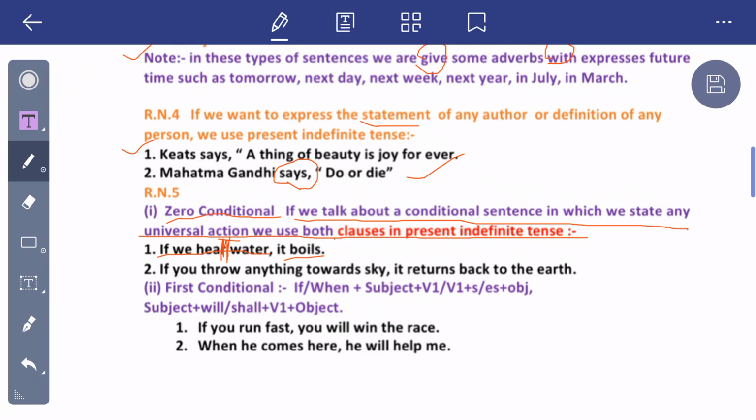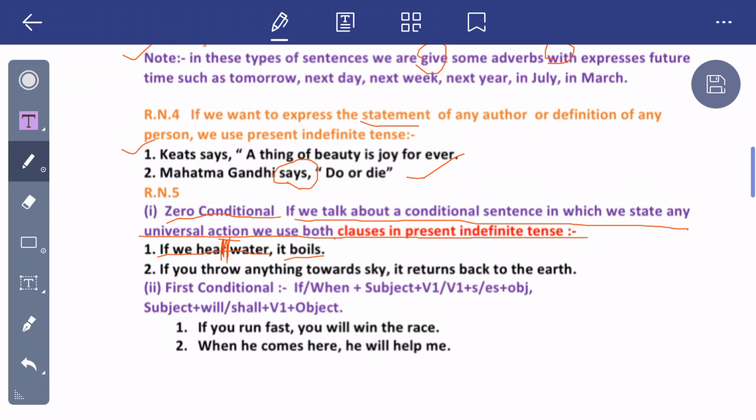It is a universal truth. Whenever we heat water, it definitely boils. So if in a conditional sentence you are given any universal truth action, then both clauses will be kept in present indefinite tense. I hope it is understood to you up to now.